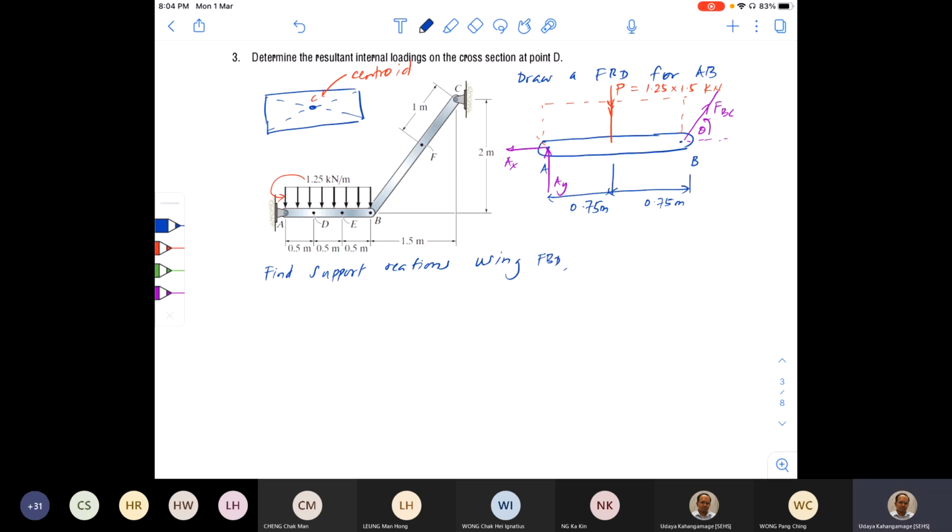That means we need to find out AX, AY, and FBC. By observation, if I take the moment around A, you can immediately find out FBC. So we'll find FBC first. Take the moment around A. Summation of all the moments about A should be equal to 0.